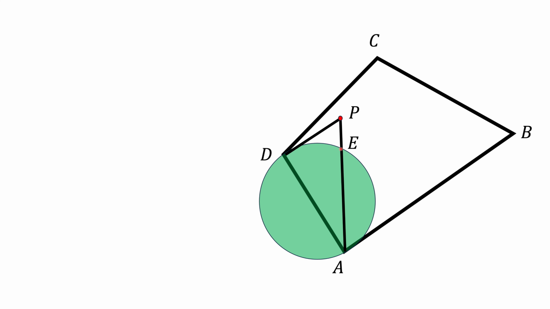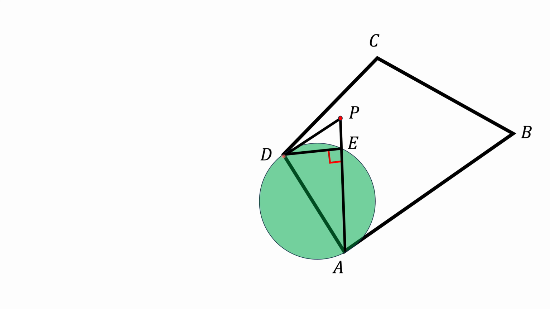So let's connect point E and point D. And now notice that this angle DEA is an inscribed angle. And that inscribed angle sits on a diameter AD. And that means that this angle should be 90 degrees by Thales' theorem.